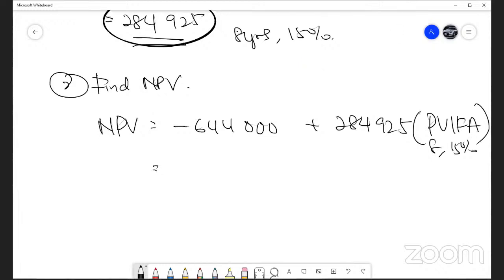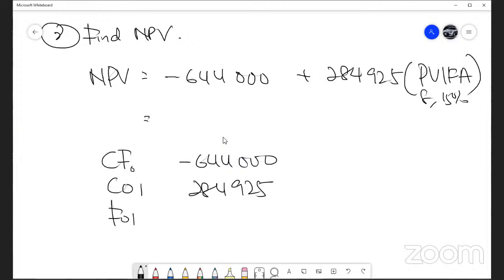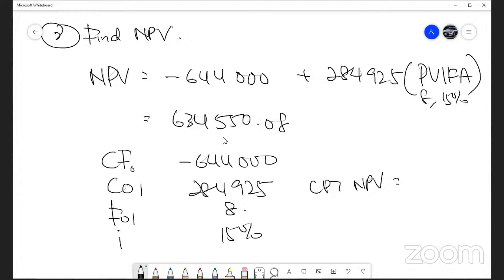Those with a calculator, just input your CF0, negative 644,000, C01, 284,925, F01 frequency of 8 times, interest 15%. Compute NPV. So NPV will give you 634,550.08.